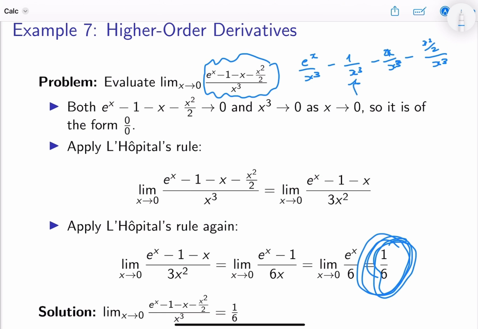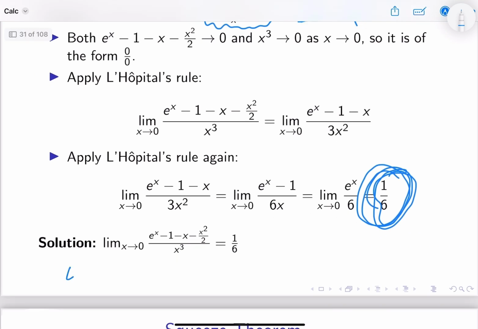Unlike here, for example, the evaluation at 0 is telling you that there's some sort of 0, some sort of infinity here, negative infinity here, and it's not clear. So the other trick here is important.